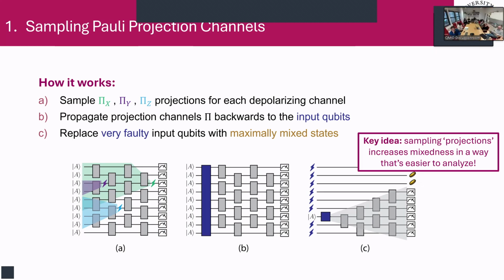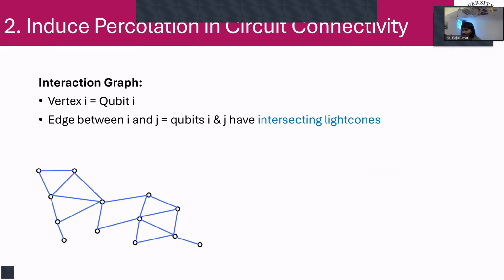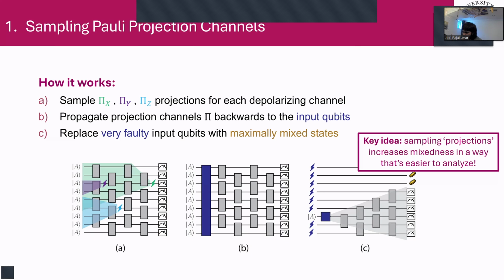So I guess that's the next step, which is that now let's look at my circuit a little bit more abstractly. Every qubit I'm going to represent by a vertex. I'm going to say two qubits have an edge between them if they have intersecting light cones. I showed a light cone in the previous slide, the triangle coming out in gray.